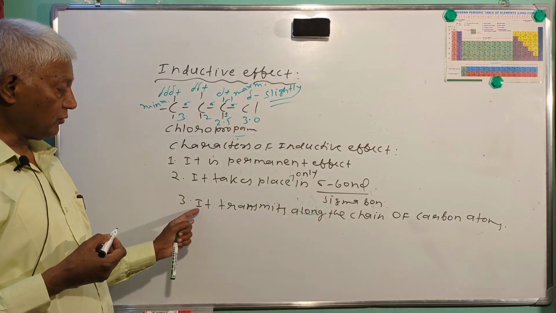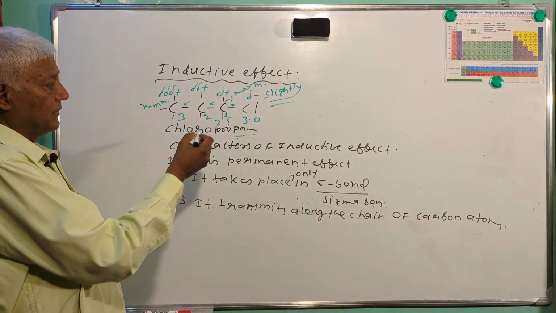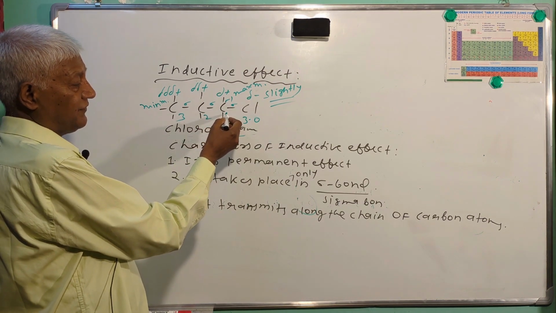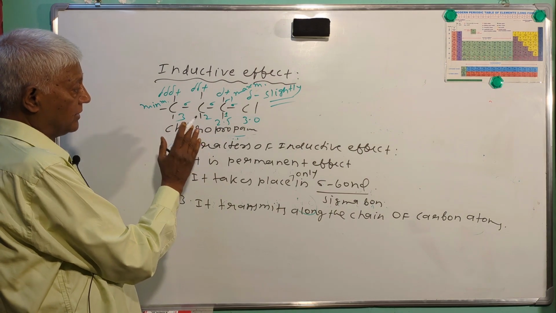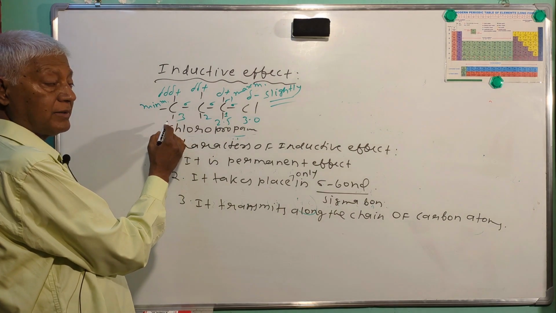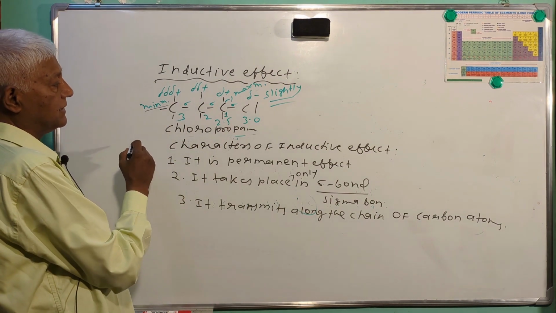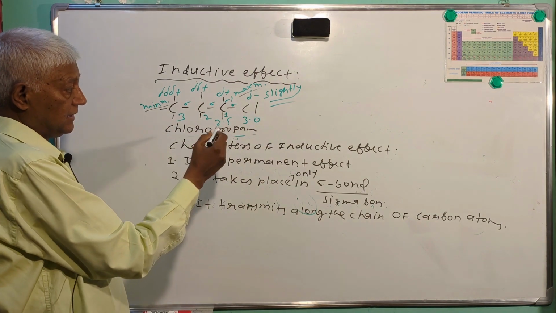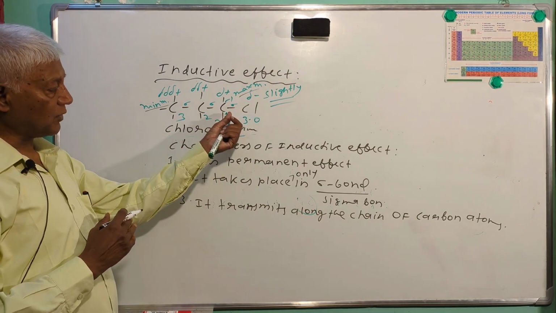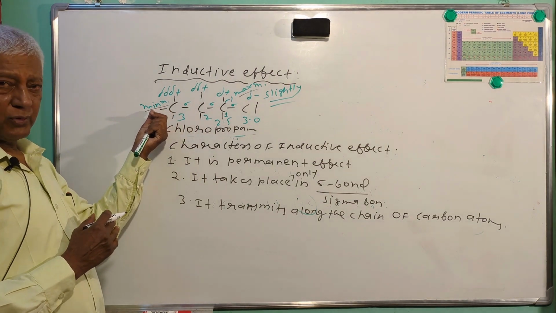Third one is, it transmits along the chain of carbon atoms. In the first carbon, inductive effect is very high. Second one is somewhat lower. Third carbon is somewhat less, we can say least. So, minimum inductive effect over here, and in this case, maximum inductive effect. It means it transmits from first carbon to second carbon, third carbon to fourth carbon.